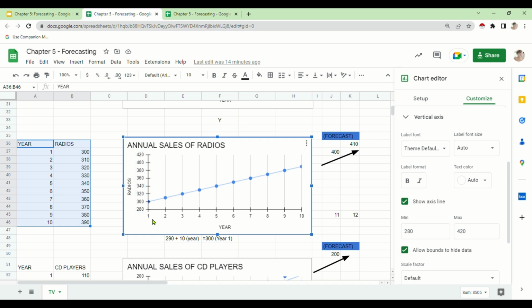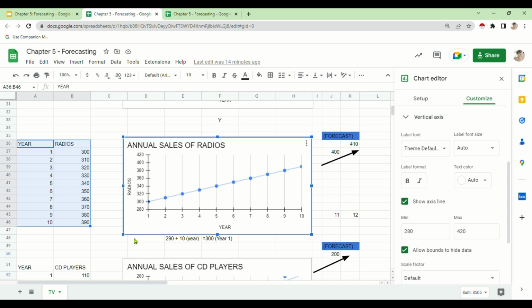So we have the sales data of radios for years 1 to 10. As shown in the graph, sales appear to be increasing at a constant rate of 10 radios each year. So starting at year 1 with 300 up to year 10 with 390 radios.